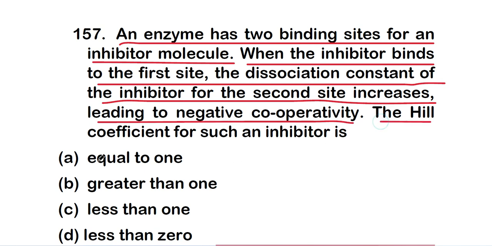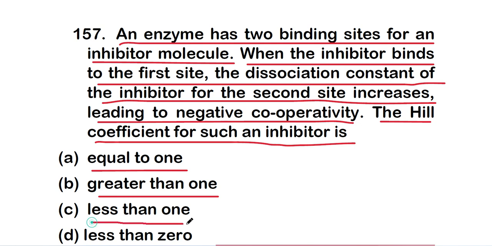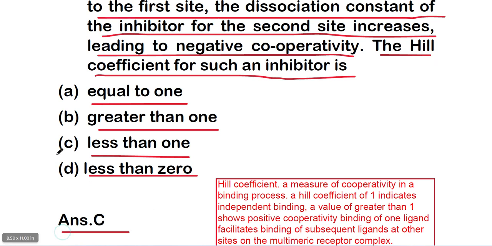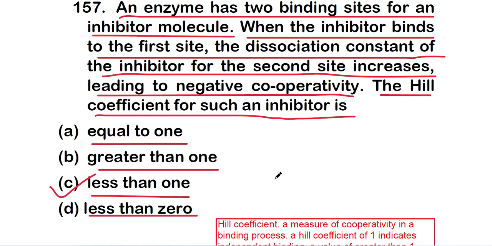So the Hill coefficient for such an inhibitor is: option A, equal to 1; option B, greater than 1; option C, less than 1; option D, less than 0. And the right answer is option C, that is, less than 1.